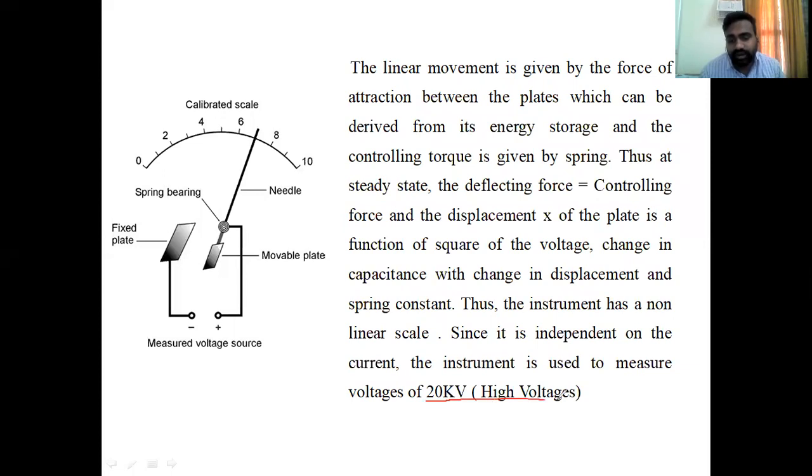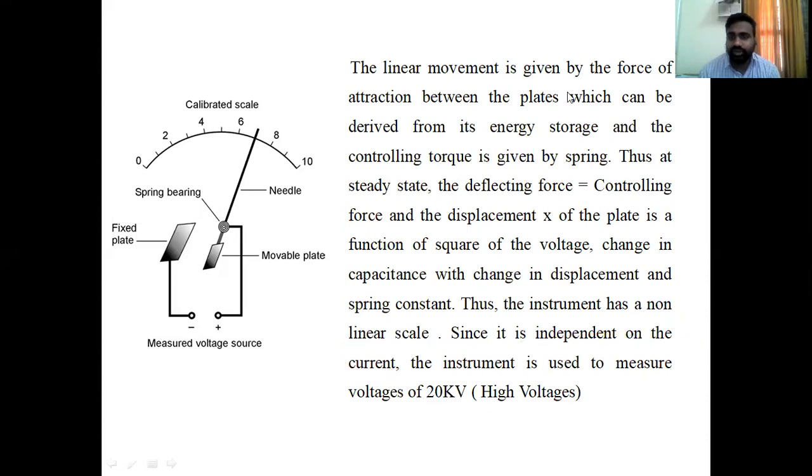It will read a high range of 20 kilovolts, and the second most important thing is the scale is not uniform, and another most important thing is it is independent of current. Okay, so this is about the linear type. The maximum operating range is 20 kilovolts, it is having a non-linear scale, and it is independent of current.